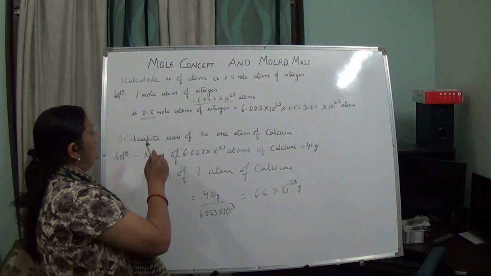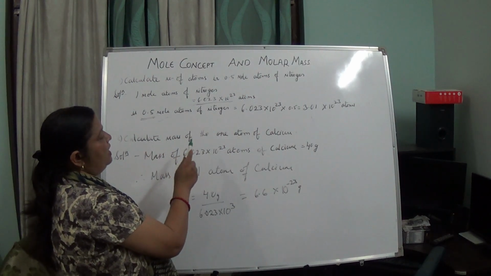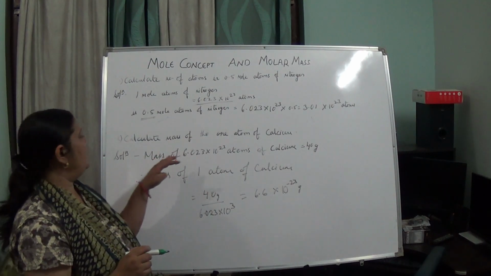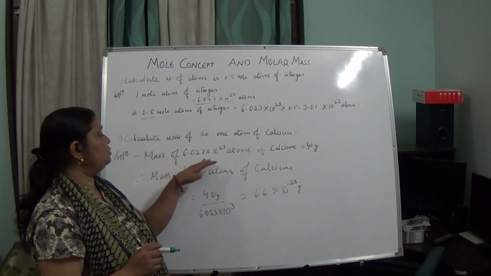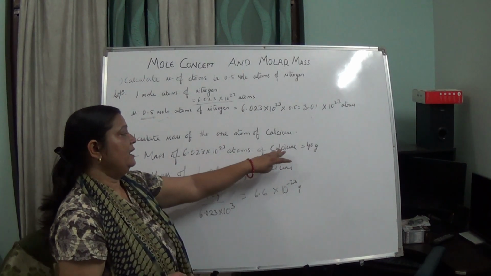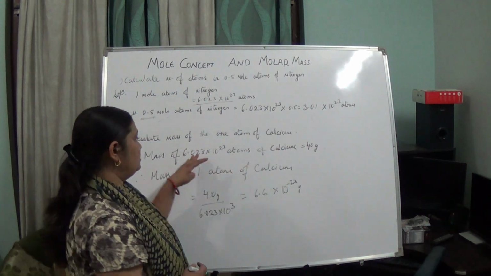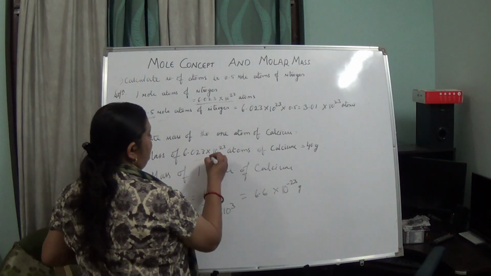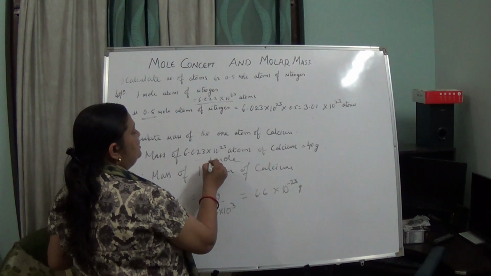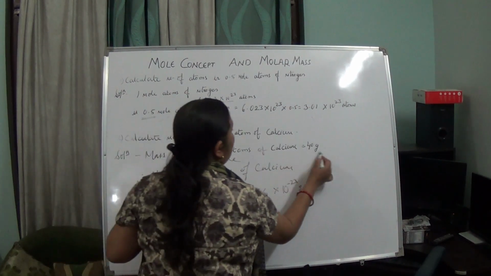Now the next question: calculate the mass of 1 atom of calcium. The mass of 6.023 into 10 to the power 23 atoms of calcium is equal to 1 mole. So the weight of 1 mole of calcium is 40 grams.